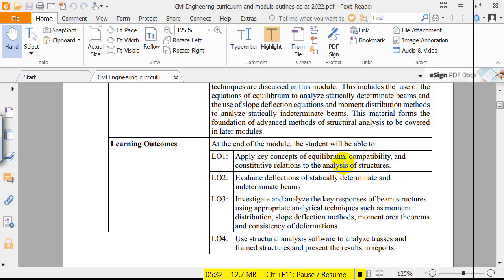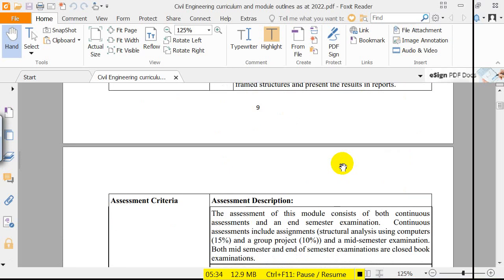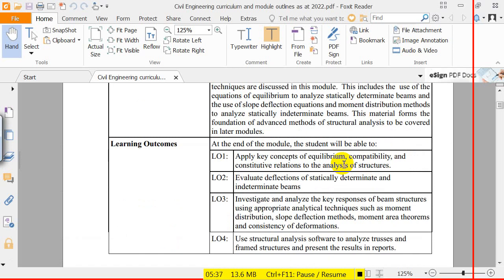There are 4 learning outcomes in this module.